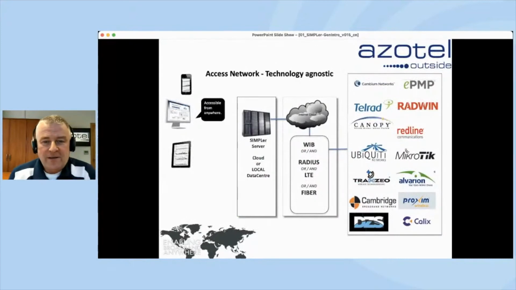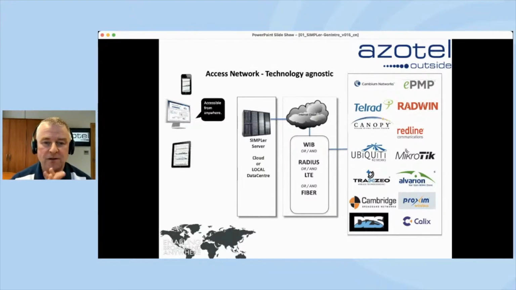So from the SIMPLer perspective, because we're able to work with all those access technologies, not alone does the single pane of glass extend just across the wireless portfolio of the network, but SIMPLer is the single pane of glass that spans across all different aspects of the operator's business, be it wireless, LTE, fiber.